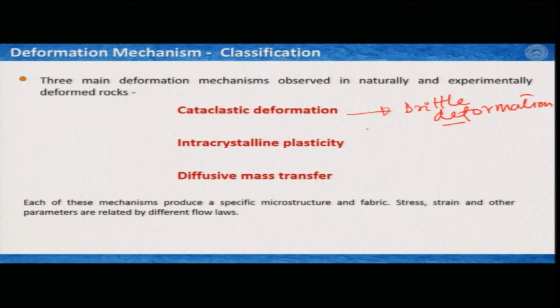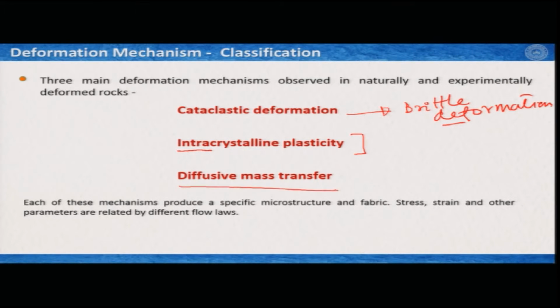The intracrystalline plasticity is where we consider the deformation of grains, and this deformation of grains happens at high pressure and particularly at high temperature, where all these defects that we have learned in the previous lecture influence or govern the deformation. So, it is a deformation within the crystal. Please remember this term, it is intracrystalline, not intercrystalline.